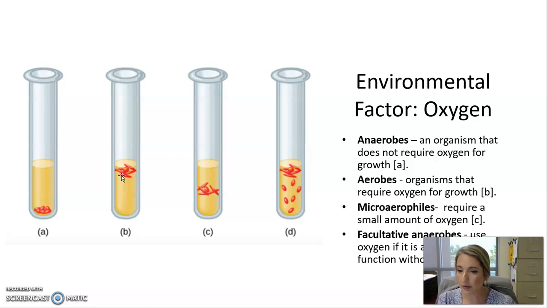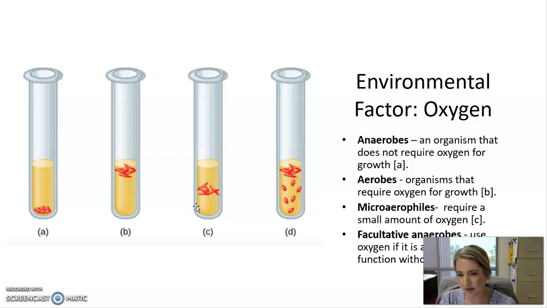Then there are microaerophiles. Microaerophiles require a small concentration of oxygen. So they cannot sustain full atmospheric oxygen. Since they require a small concentration, they will typically grow beneath the initial surface within the broth so that they can get a small concentration of oxygen, but not pure exposure.